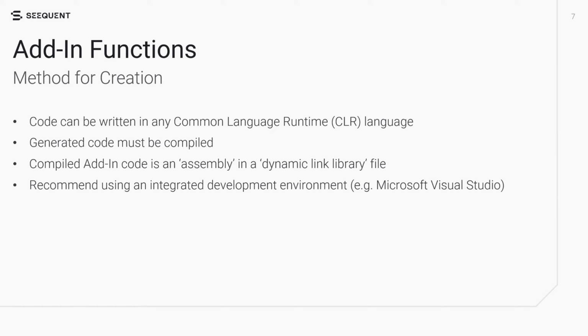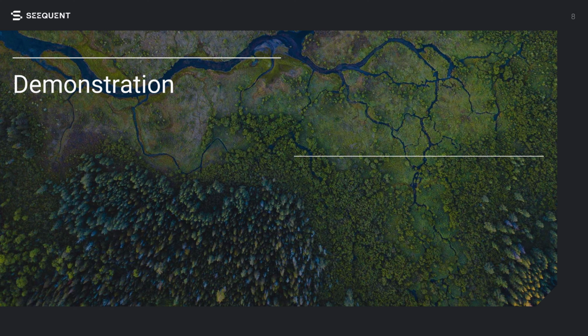Compiled code containing an add-in function is called an assembly. The assembly is stored in a dynamic link library file, or DLL file, which is in the machine language. We strongly recommend using an integrated development environment for writing, debugging, and compiling the add-in code.